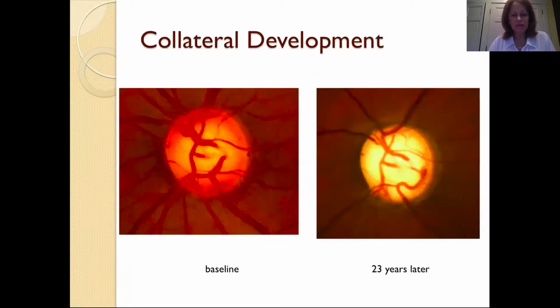This is another thing that you can sometimes find in glaucoma patients, and that is the development of collaterals. Now, usually we think of collaterals with central retinal vein occlusions or with tumors, but you can get collateral development just from glaucoma. And in this patient, we see progressive glaucoma, rim thinning, beta peripapillary atrophy, and vessel shifts, but more than just the vessel shifts, this vessel here has developed a collateral, and the vessel architecture is completely different.